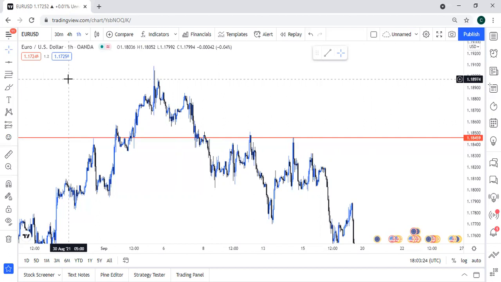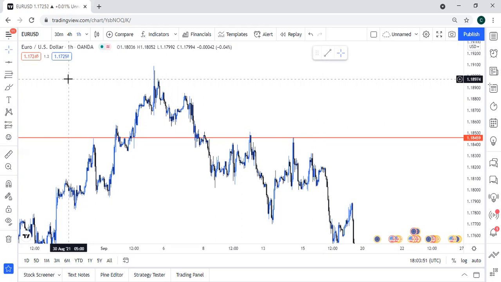USD JPY, that is a major currency. Euro JPY to an extent, Euro USD, GBP USD, and New Zealand dollar USD, those are major currency pairs. We have the exotic pairs, which I don't trade. I trade majorly the major currency pairs.